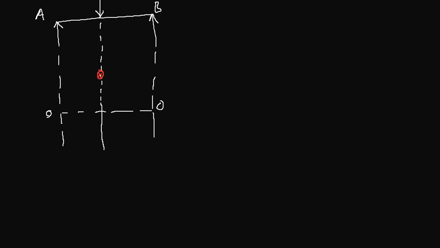You just join the points of maximum moment and minimum moment, and the same on the other side. So that will be your bending moment diagram for the force system.